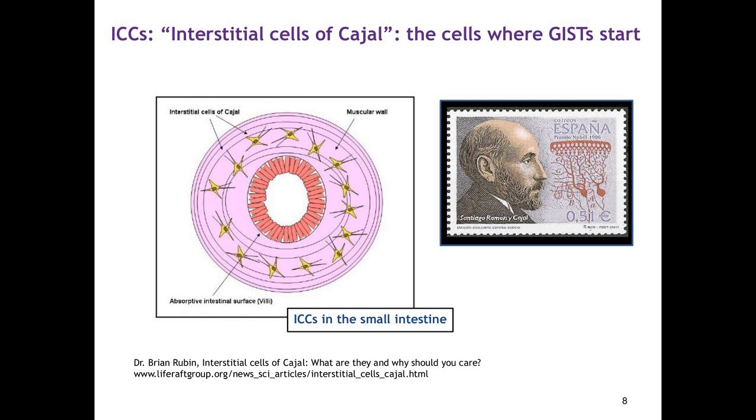In fact, we now understand which particular cell type is the origin of GIST. It's a class of cells that none of us paid any attention to or heard about until we learned about GIST.